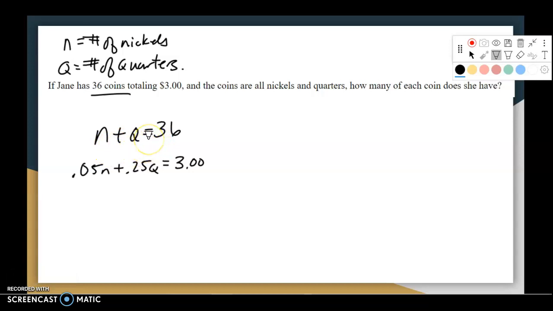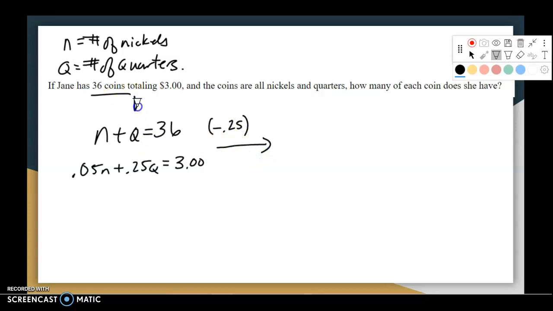Okay, now I need to solve this for N and Q. There's a couple of ways I can do this. Again, you could do it by substitution, you could do it by elimination, however you want to do it is fine. I'm going to do this last one by elimination again. So I'm going to multiply the top equation by -0.25. Okay.